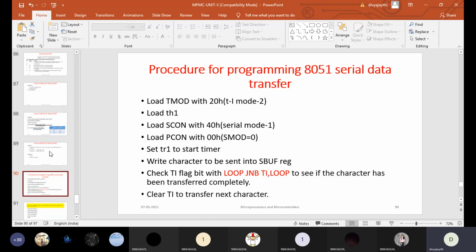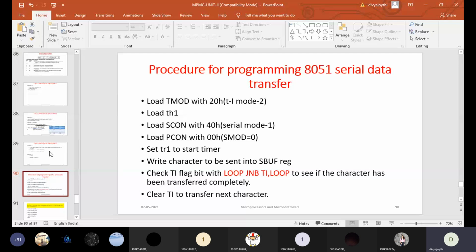So when you configure your TMOD register for timer 1 and mode 2, you get 0010 and the remaining all zeros. 0010 converted into hexadecimal is 2, and all zeros in hexadecimal are zeros.